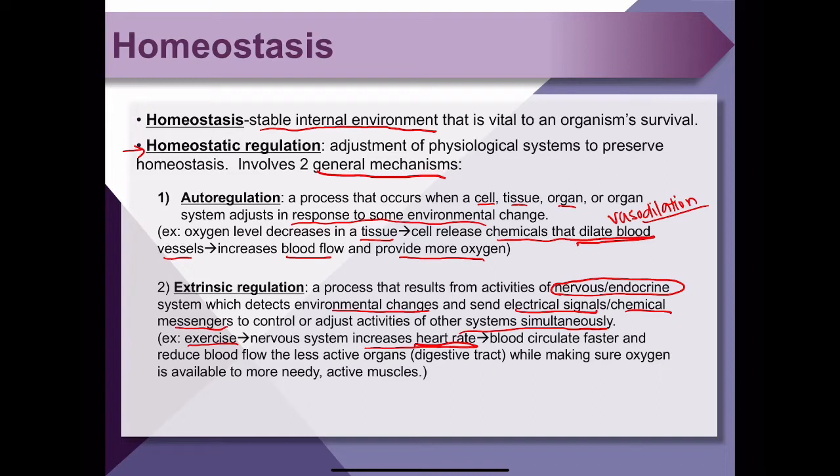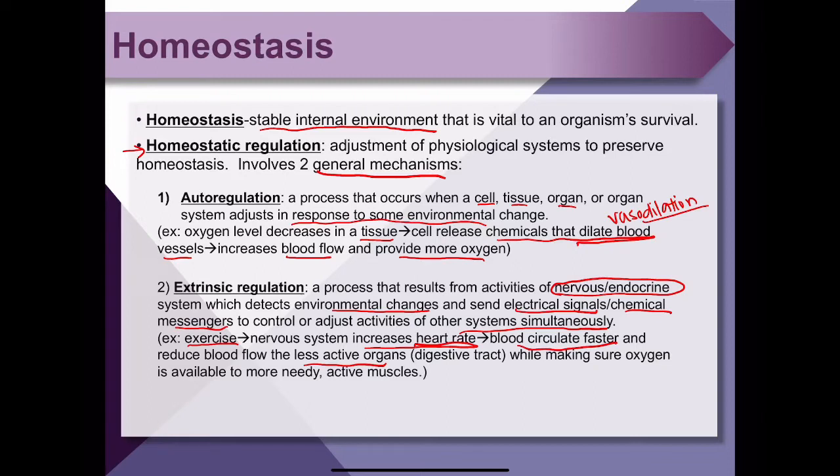So when your nervous system tells your heart to increase its heart rate, blood will circulate faster and it will reduce blood flow to less active organs, for example the digestive tract. This is why when we are running around or doing something strenuous, usually at the moment we're not thinking about hunger, because our brain is more focused on helping us deal with the stressful situation versus eating.